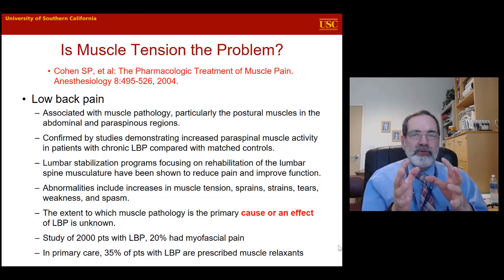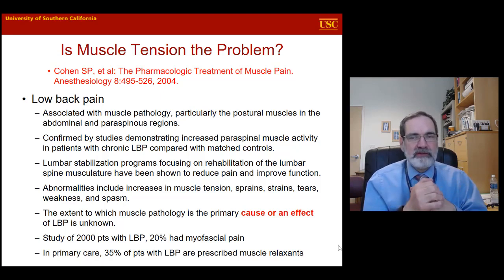Physical therapy programs that work on lumbar stabilization and conditioning the spinal musculature, these reduce pain. We see that there are abnormalities in muscle tension. There may be sprains, tears, weakness, spasms, all present in many patients who have low back pain.